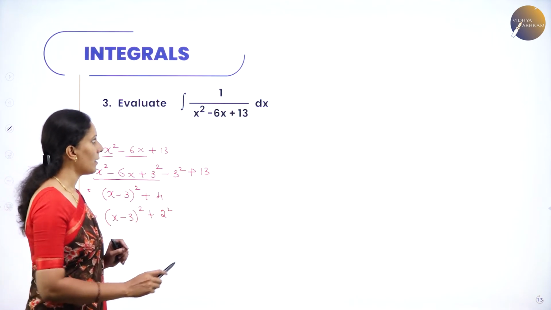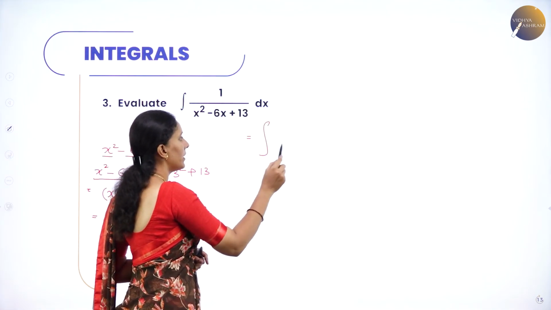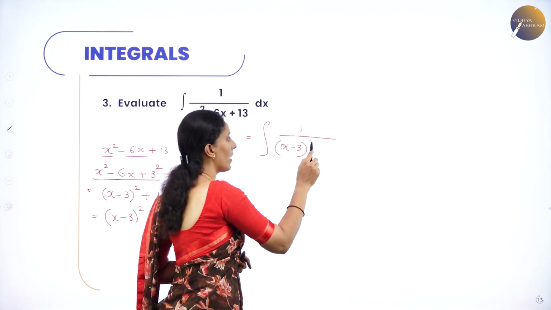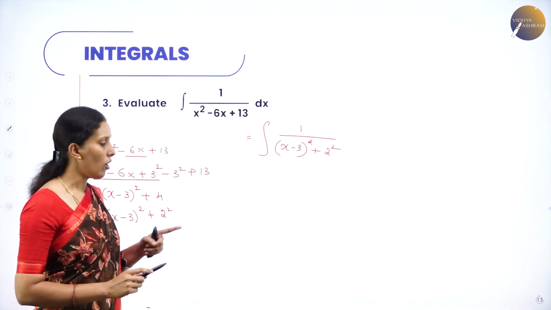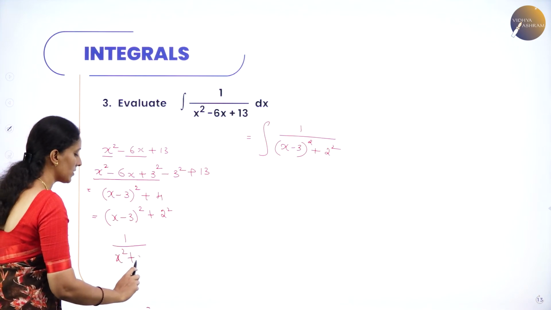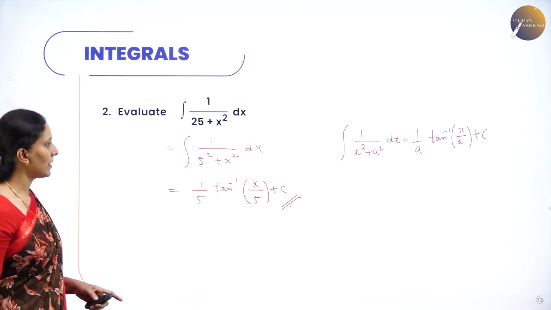You can clearly observe this. The integral can be written in the form of 1 divided by x minus 3 whole square plus 2 square. Now it is of the standard form 1 divided by x square plus a square.